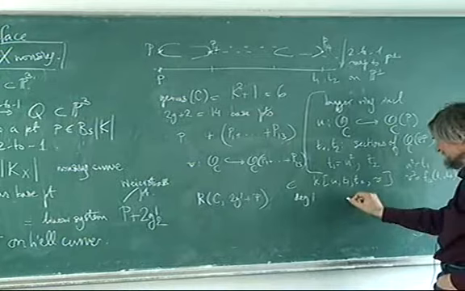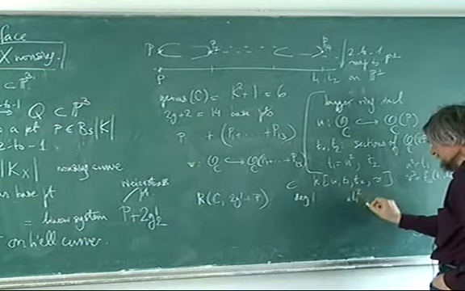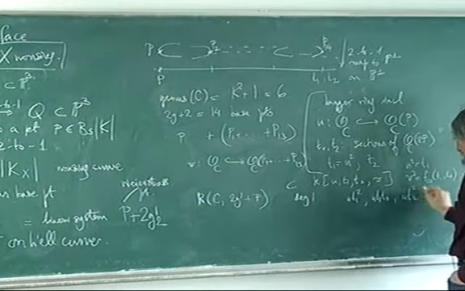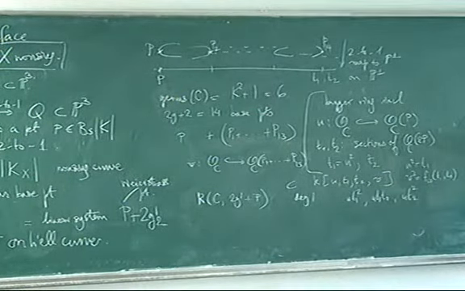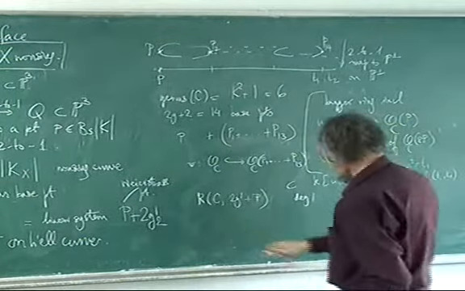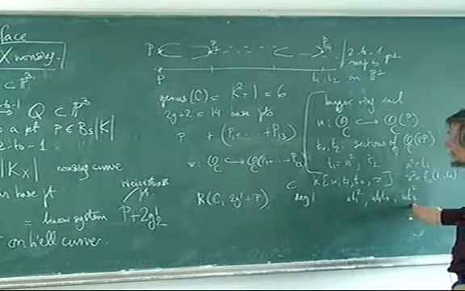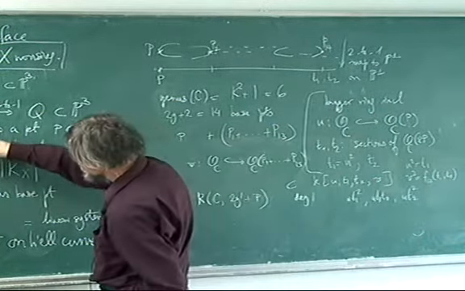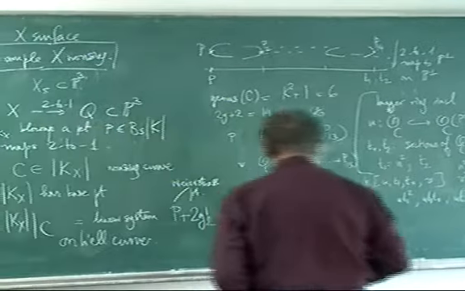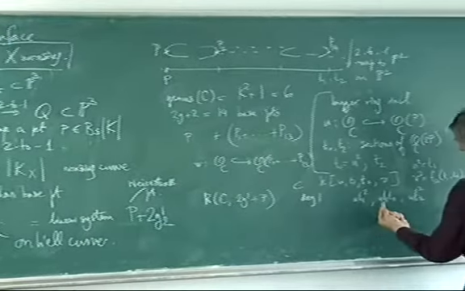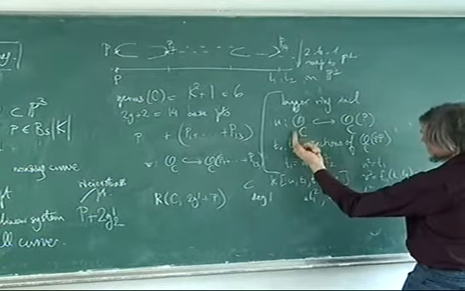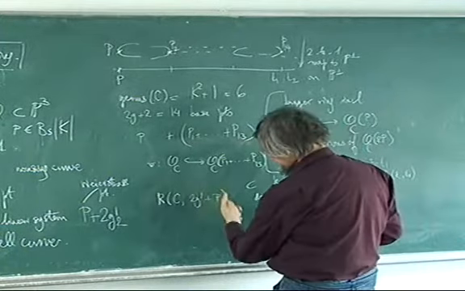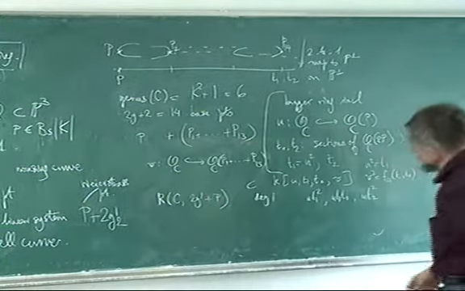The way is to do U T1 squared, U T1 T2, U T2 squared. The U's basically plays no part here. T1 squared, T1 T2, T2 squared is twice the G12, and it's mapping the curve C to a plane conic, and that's all. However, writing the U here means I take account of the fact that the linear system has a base point, and therefore they're elements in this half-canonical divisor.